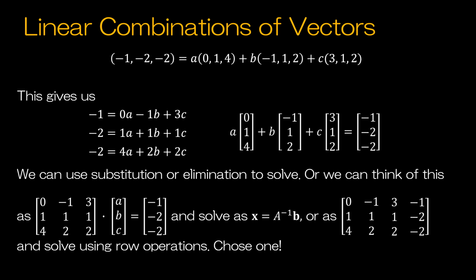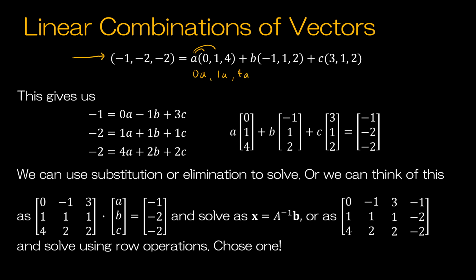So how are we going to solve this? Again, we can think of it just like this, just like your textbook shows, and you can do some distributive property. So 0a, 1a, 4a, and so forth.